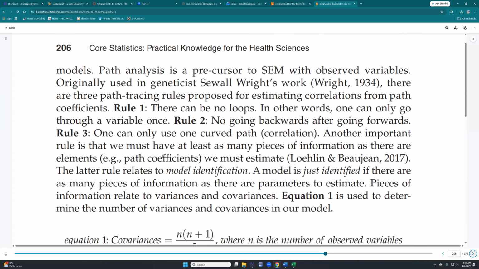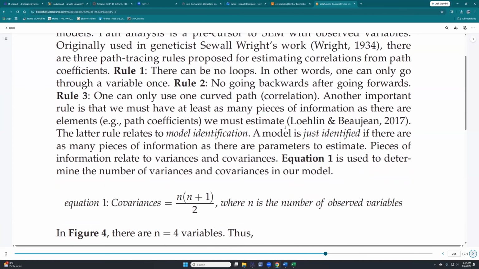Another important rule is that we must have at least as many pieces of information as there are elements we must estimate. Okay, so we're going to have pieces of information. The information we get is the variances and the covariances or the correlation matrix, right? That's the information we have.